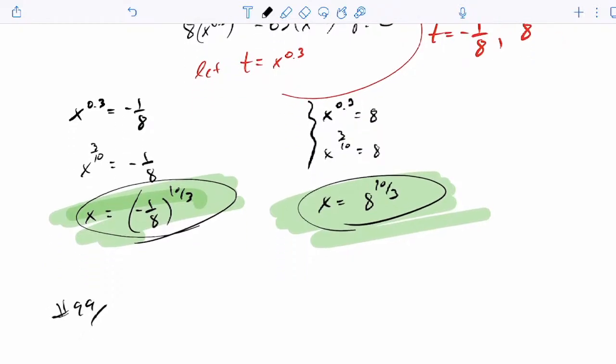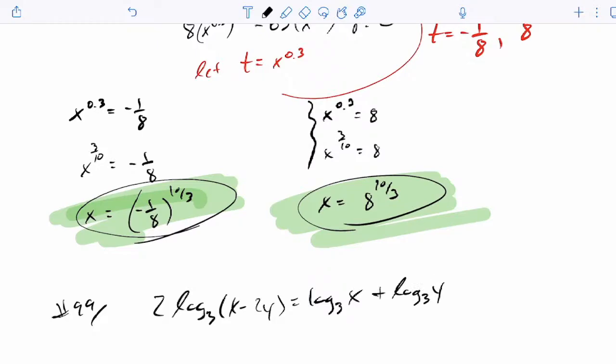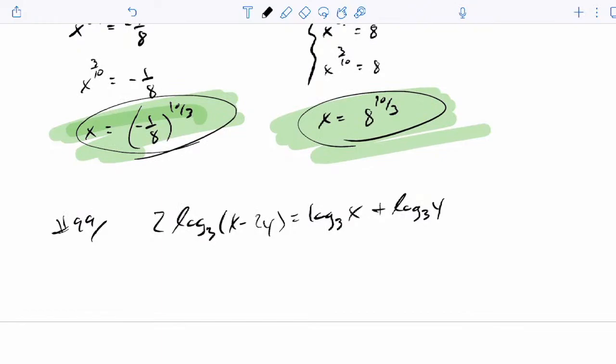So if you're looking at 99, you know that 2 log base 3 of x minus 2y is equal to log 3x plus log 3y. They want you to find x over y.